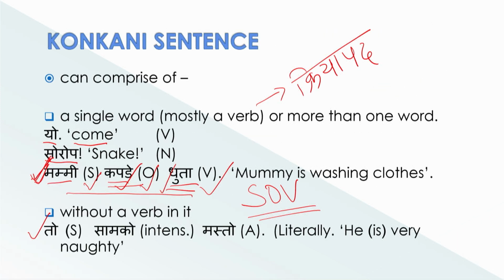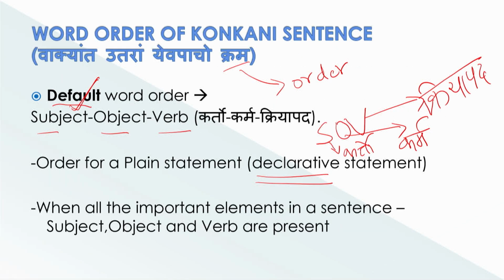Then we saw the word order of the Konkani sentence. We said a sentence in Konkani can be formed of a single word, or without a verb in it. Then we saw the default word order of the Konkani sentence. We said a Konkani sentence has subject, object, verb order, that is, when a sentence has an object in it.